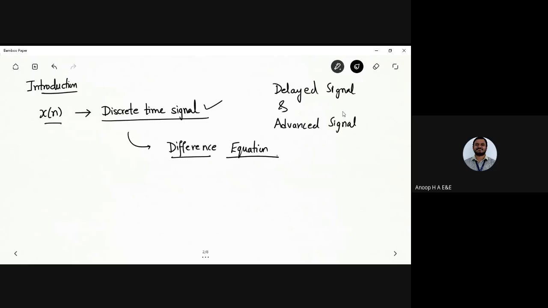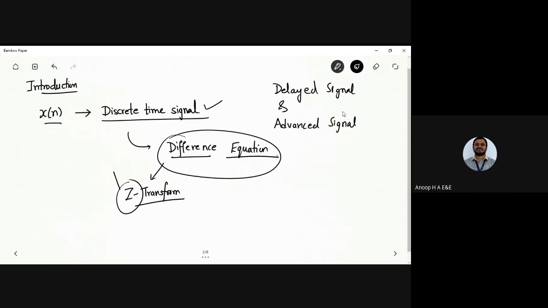Now this difference equation, if I want to express it in Z domain, as I already told you, you need to be clear with engineering mathematics as a prerequisite. So this Z transform that we are going to discuss now: the term Z refers to a complex number.